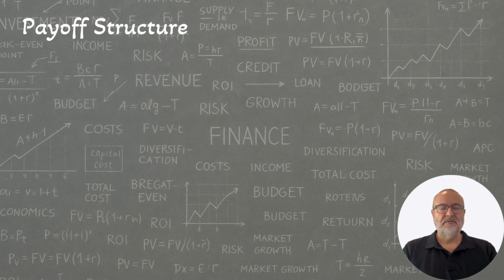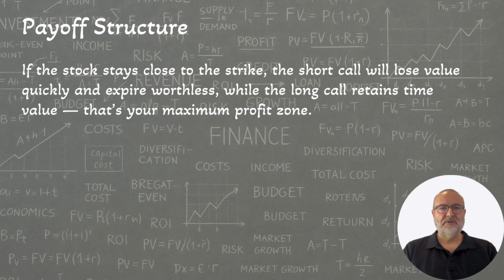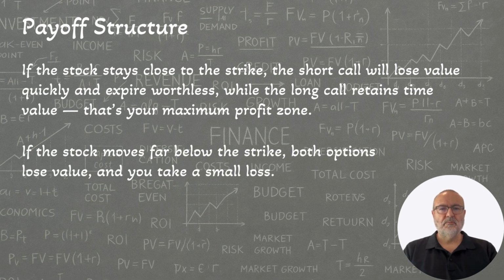The profit and loss of this strategy depend on the price of the underlying at the short-term option's expiration. If the stock stays close to the strike, the short call will lose value quickly and expire worthless, while the long call retains time value. That's your maximum profit zone. If the stock moves far below the strike, both options lose value and you take a small loss.